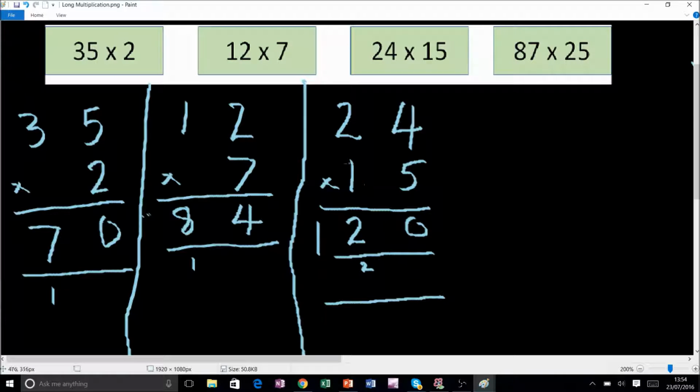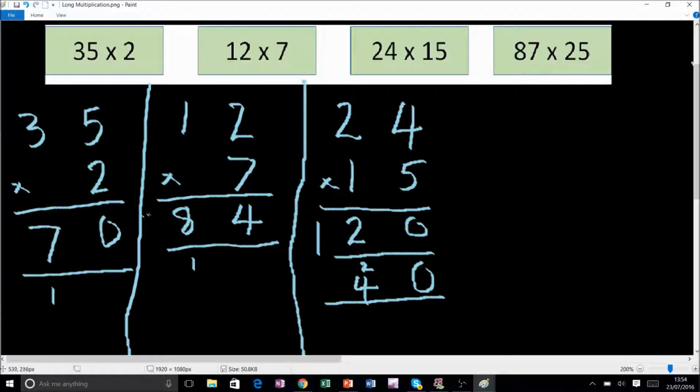Now we're going to times by this one. If you can imagine, this one is in the tens place, so you can imagine it as a 10. So we're going to do 1 times 4 gives us 4. But what we're going to do is just put 0 here first, and we put the 4 that we've calculated under the tens section, because if you look at where this one is situated, it's in the tens column.